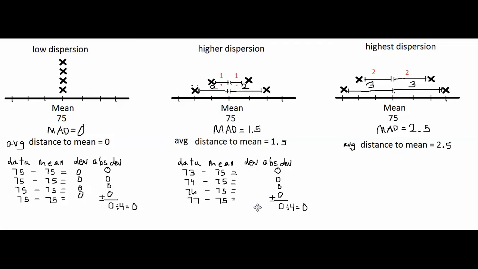And if I subtract each value by the mean, I get a deviation. This one is -2. This one is a -1. This one is a +1. And this one comes out to a +2. 77 minus 75 is 2.